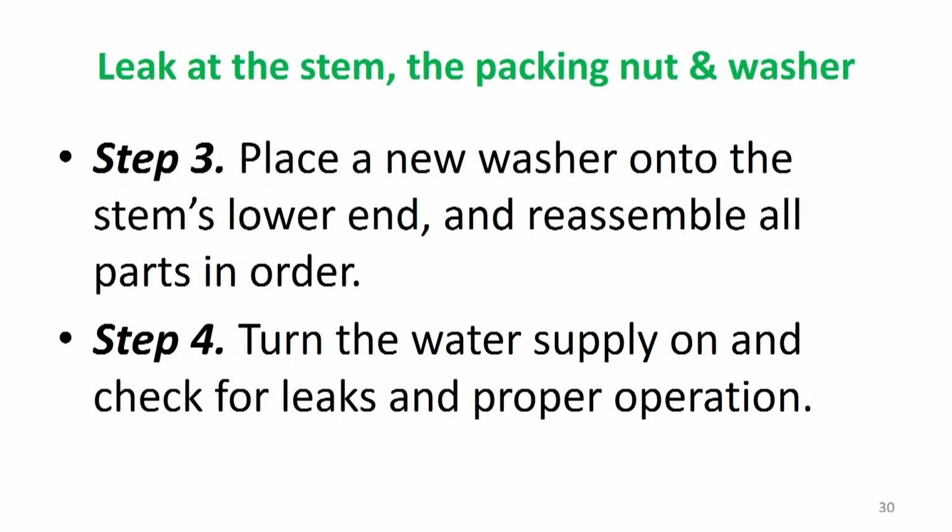Parts are very few. If you practice with any type of faucet by opening it, in one or two practices you will become familiar with the sequence of the parts.